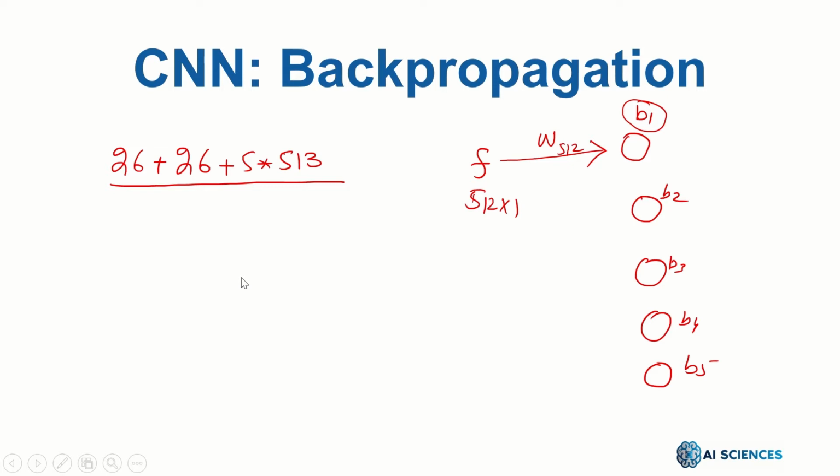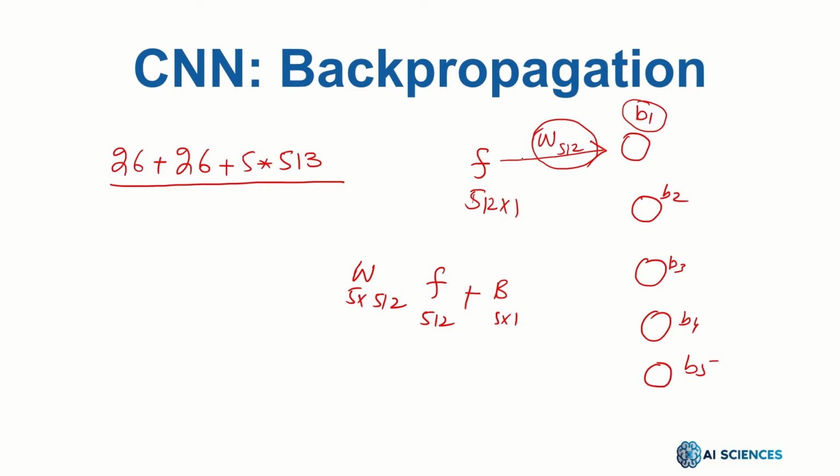If we represent this as a weight matrix, the weight matrix W will be 5 by 512, and F is a vector of size 512 by 1. Let's represent by capital B the vector that contains all the biases, which is 5 by 1.